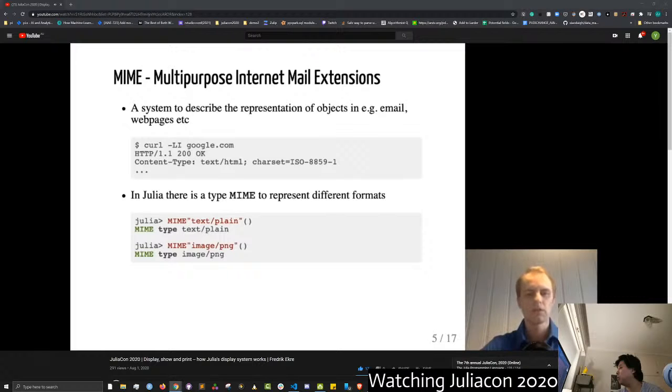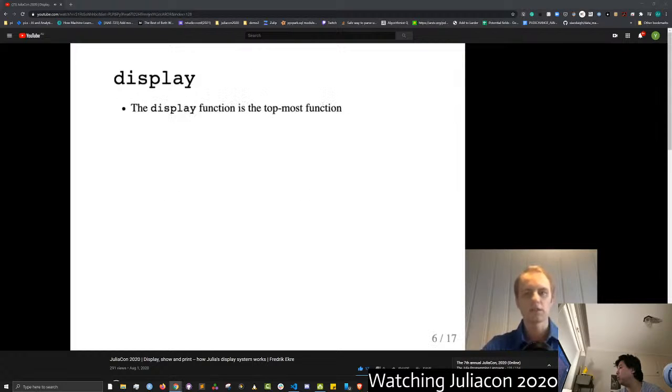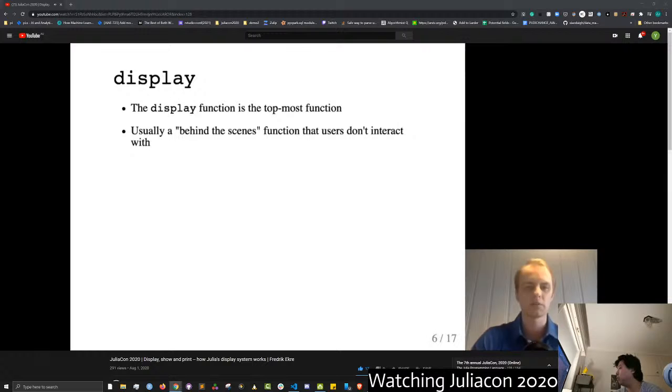All right, so let's take a look at the functions that we saw in the chain before. Display is generally the first function that is being called, so it's the topmost function. I would say that usually display is a behind the scenes function that you as a user don't really need to interact with.